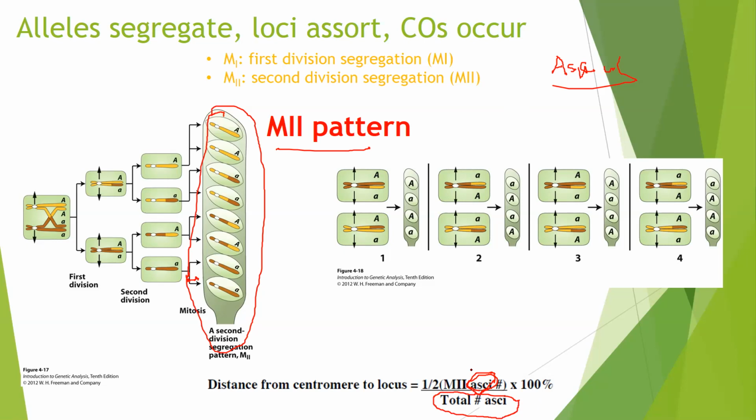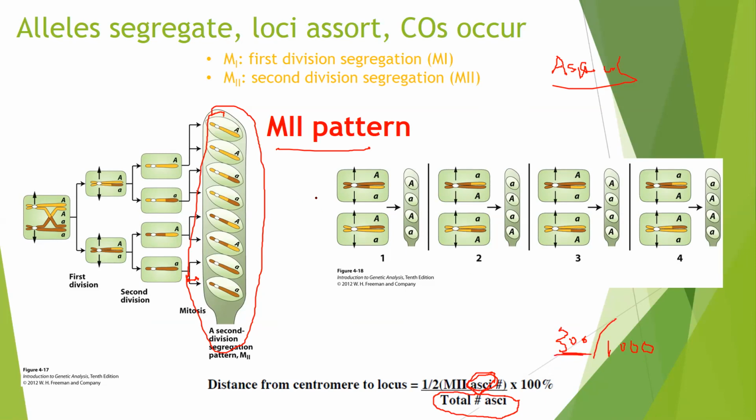Okay. Now, from these 1,000 asci, you're going to look into their patterns to find out how many of them have the M2 pattern. So for example, only 300 out of these 1,000 carry the M2 pattern. That's the thing we are interested in, right?